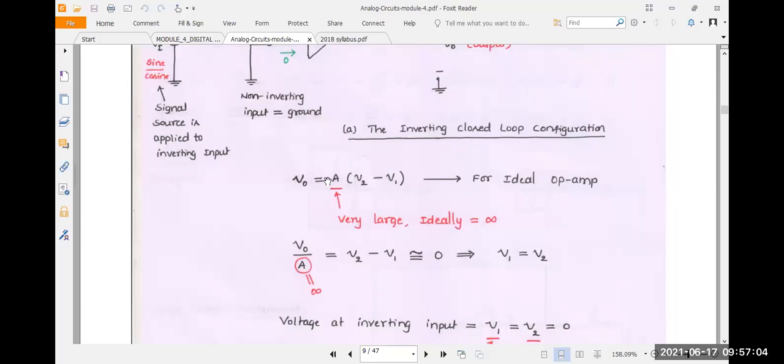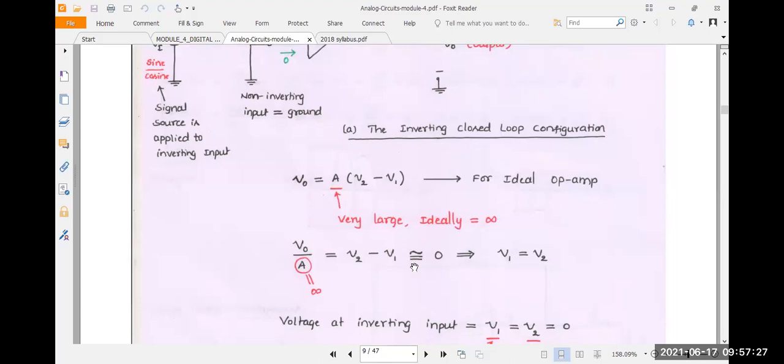Next, take A to the left side, so you get V0 by A. That should be equal to V2 minus V1, and that should be equal to 0, which means we equate it to 0.